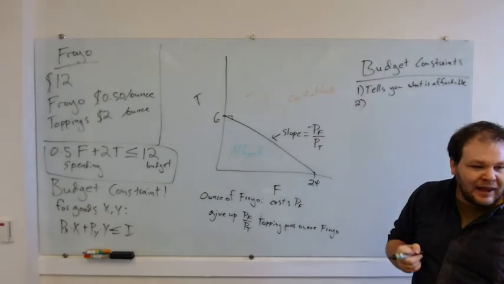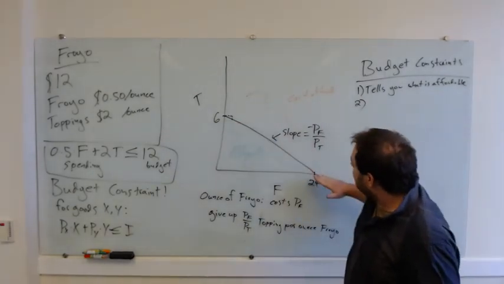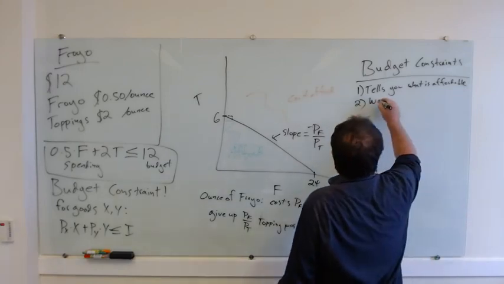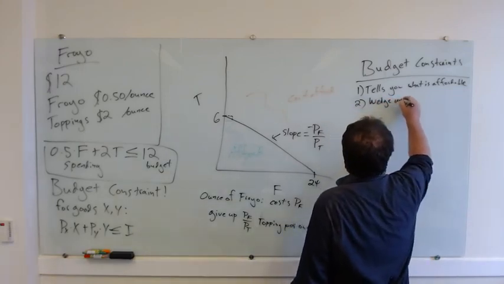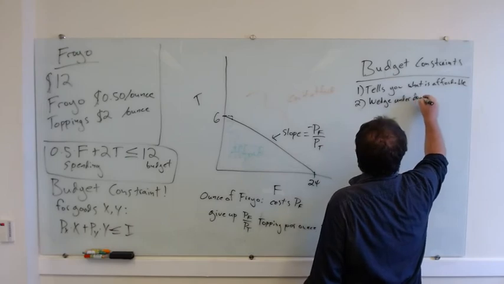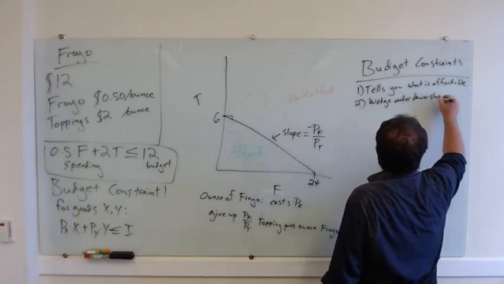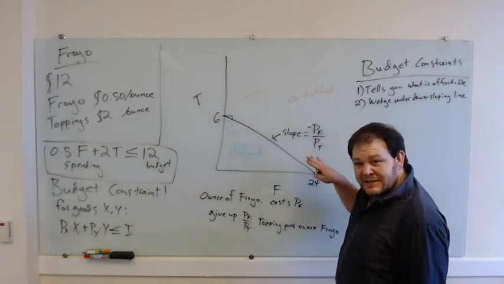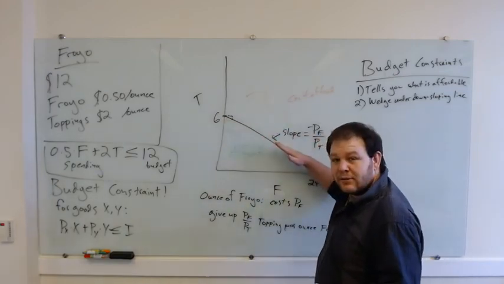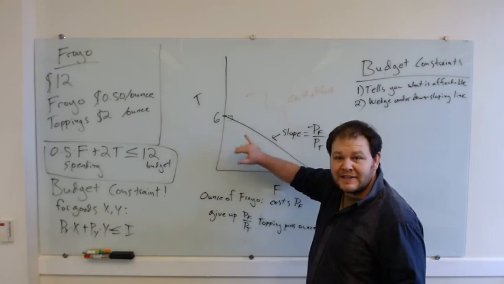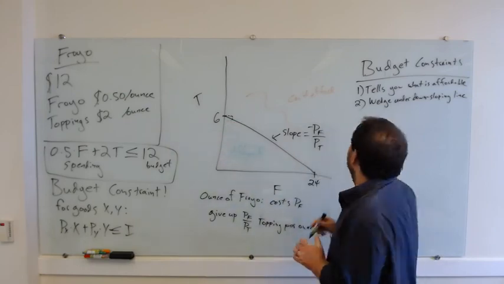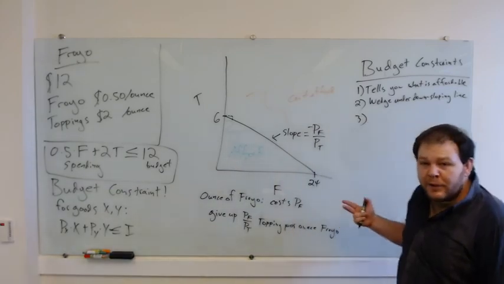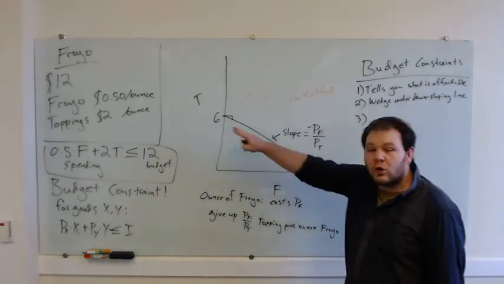They're always going to be, right, the wedge under a downward sloping line when we have fixed prices. In other words, right, it's always going to be the case that we can afford anything that spends all of our money. We can also afford anything that spends less than our money.